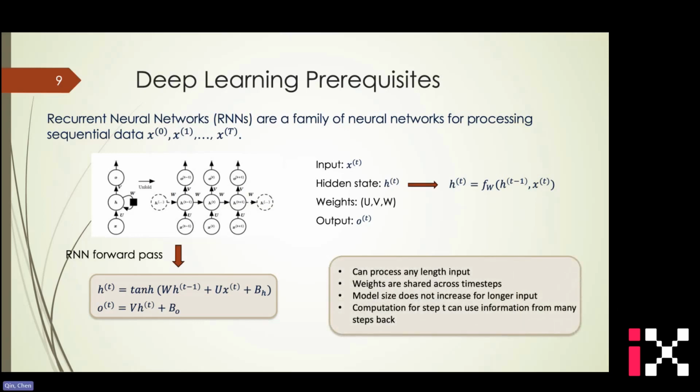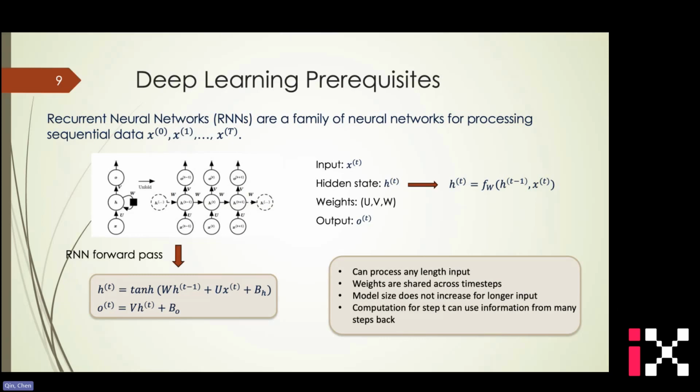So what are the good things about these RNNs? As we see here, it can process any length of input because we have this hidden state that can unfold to arbitrary length of sequences. That's one thing, compared to what we discussed about feed-forward networks. The second thing is that the weights are shared across these time steps, which means that the model size will not increase for longer inputs.